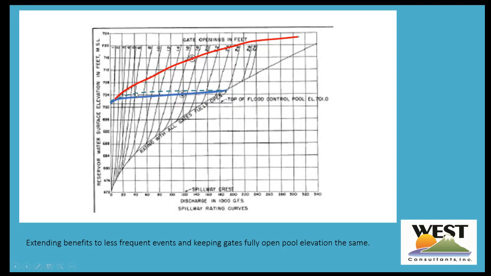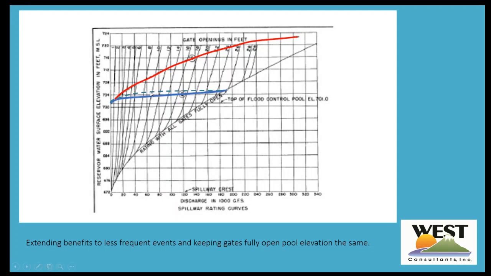But if you notice, it can create problems for real-time reservoir operations because the curve will get pretty flat in this area, especially if you have to keep the fully open gate elevation the same. The problem with having this be very flat is that you're starting to get very significant increases in discharges with very small increases in flow, and it can be very difficult to operate to.